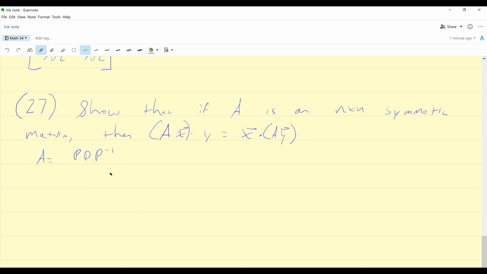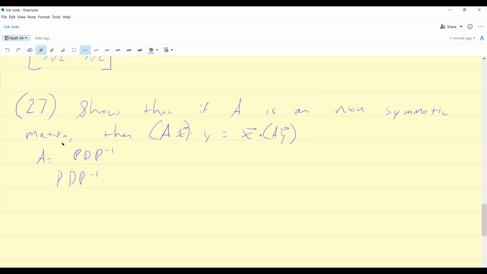And then in the equation Ax dot y, I replaced A with PDP inverse in parentheses, then x, and then y on the outside. Isn't that for similar matrices? How do we know that A is diagonalizable? If A is symmetric, the spectral theorem tells us that it's diagonalizable. Yeah, that's my bad. You can always write this for a symmetric A.